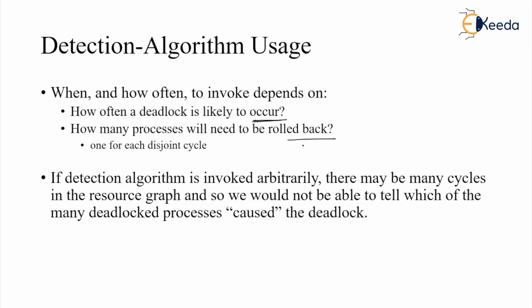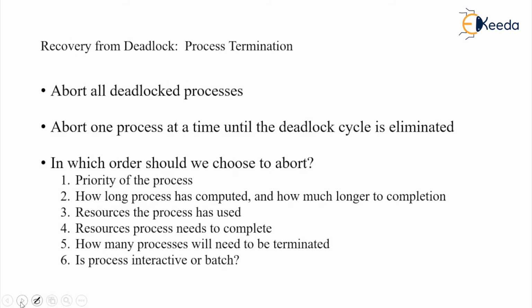If the detection algorithm is invoked arbitrarily, then there may be many cycles in the resource graph, and so it would not be able to tell which deadlocked process caused the cycles. So arbitrarily you cannot execute it. Yes, we can detect the cycle, but we cannot say that only this process is causing it.